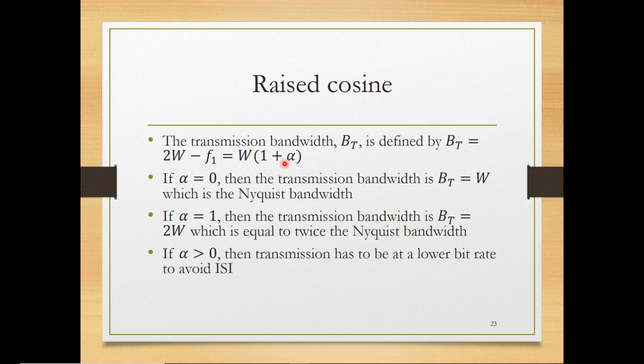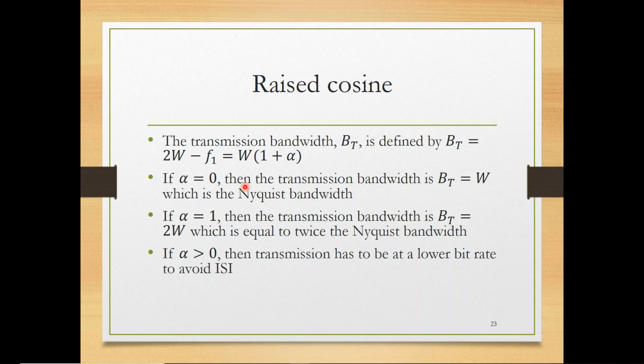In the previous case, when I had rect, what was the transmission bandwidth? Exactly W. Here, since you use a pulse with a slightly larger bandwidth, you can control its bandwidth by alpha. Alpha can take values from 0 to 1. The new system bandwidth becomes W multiplied by 1 plus alpha. If alpha is equal to 0, what do you get? The rect.